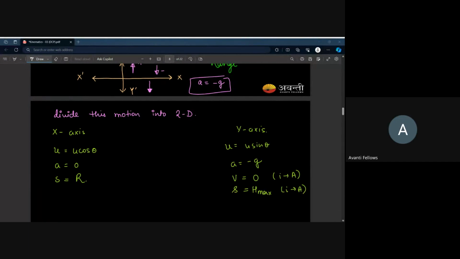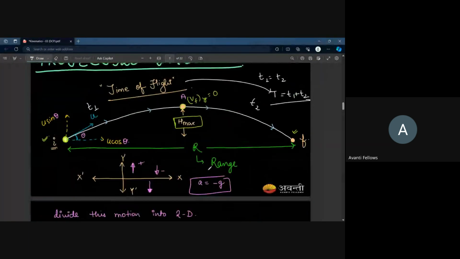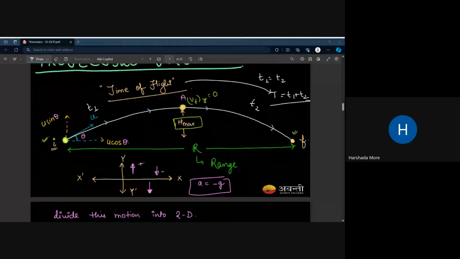Then I told you that whatever time it takes to achieve the maximum height, the same amount of time is required to reach the final position. That's why I tell you that T1 is equal to T2 and the total time is T1 plus T2. The time of ascent is equal to the time of descent, and the sum of these two times is the time of flight.